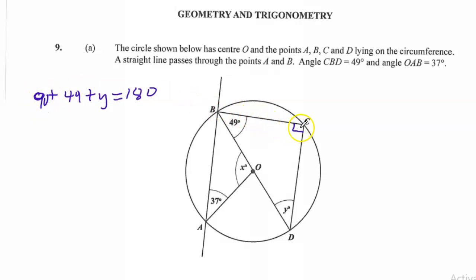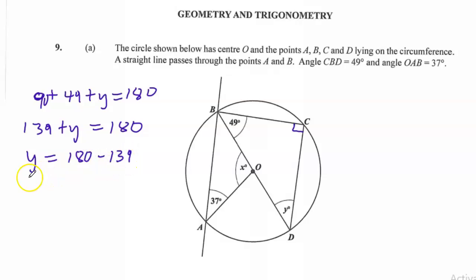So this 90 plus this 49 plus this angle Y should give us 180. So that's 139 plus Y is equal to 180. And if you subtract 139 from both sides, Y is 180 minus 139, which is 41 degrees. So the value of Y is 41.